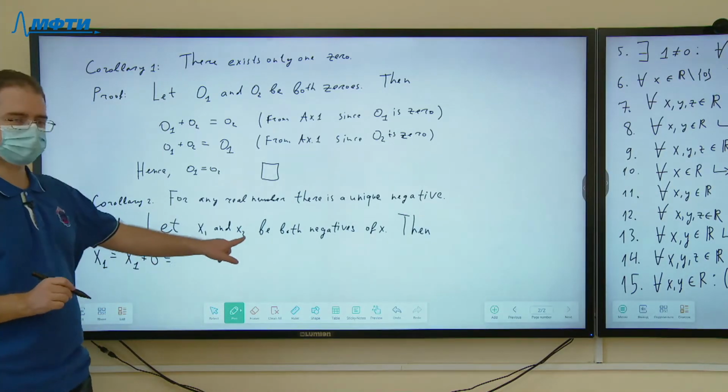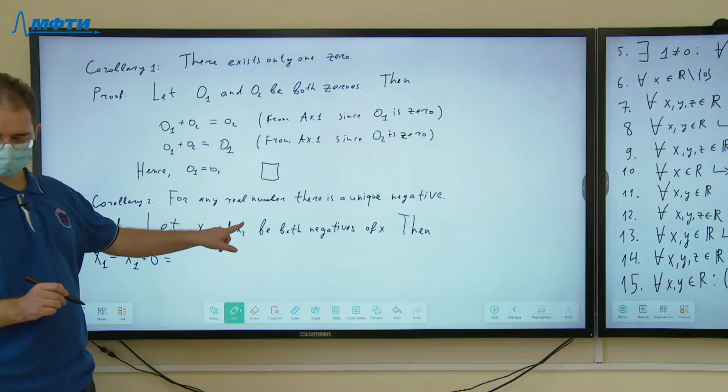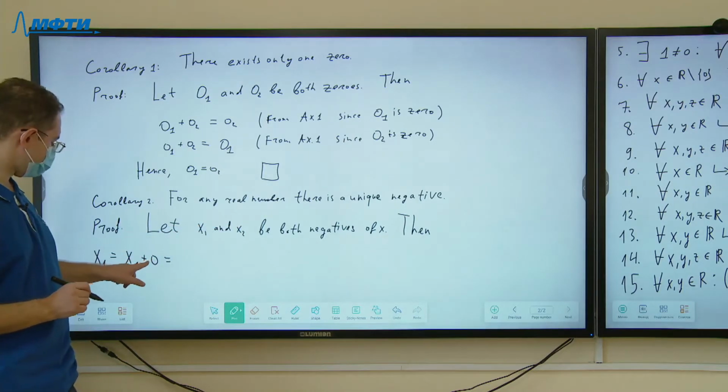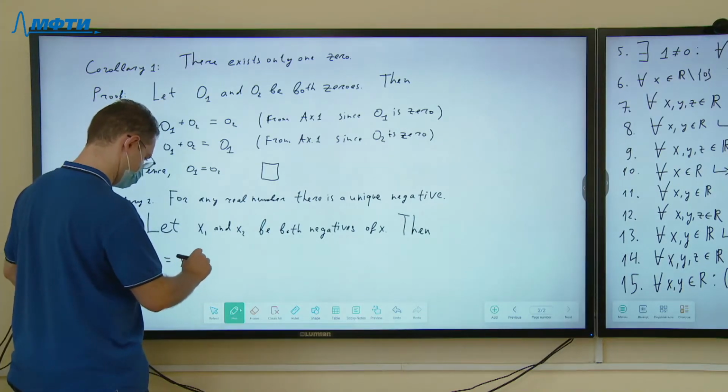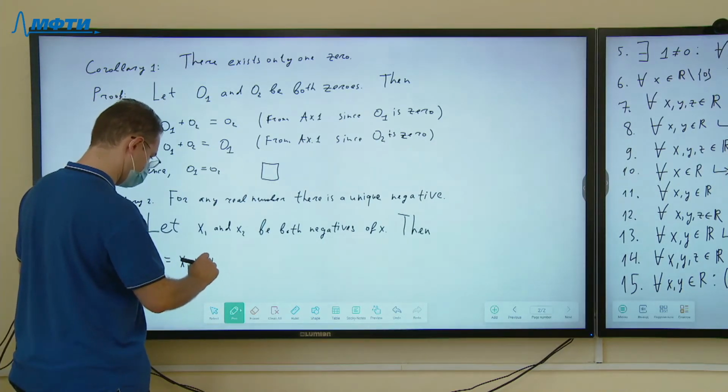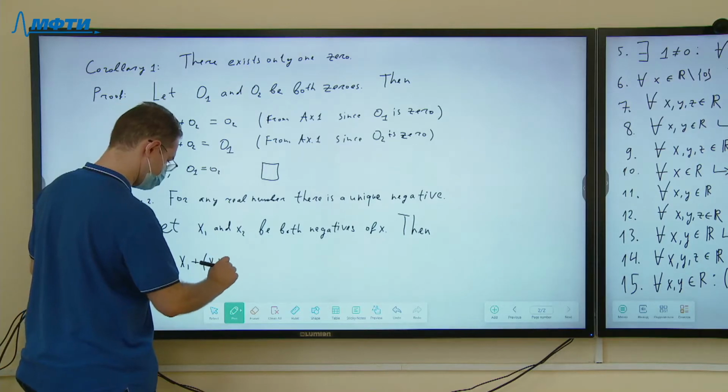Since x2 is a negative of x, I will write this 0 as x plus x2.